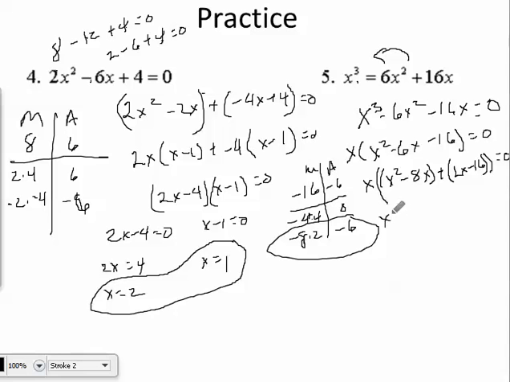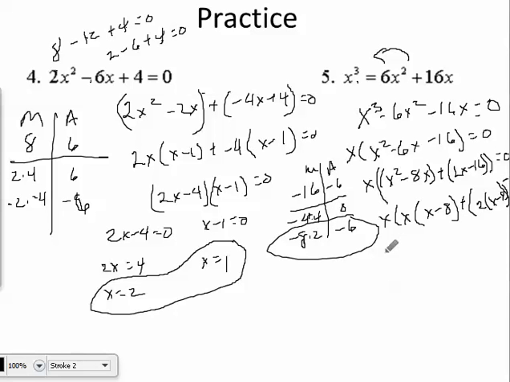Okay, well that's x times, well I can pull an x out of all those, and I'll get an x minus 8 plus, parenthesis, well I can pull a 2 out of that, and I'll get an x minus 8 equals 0. Another set of parentheses there.